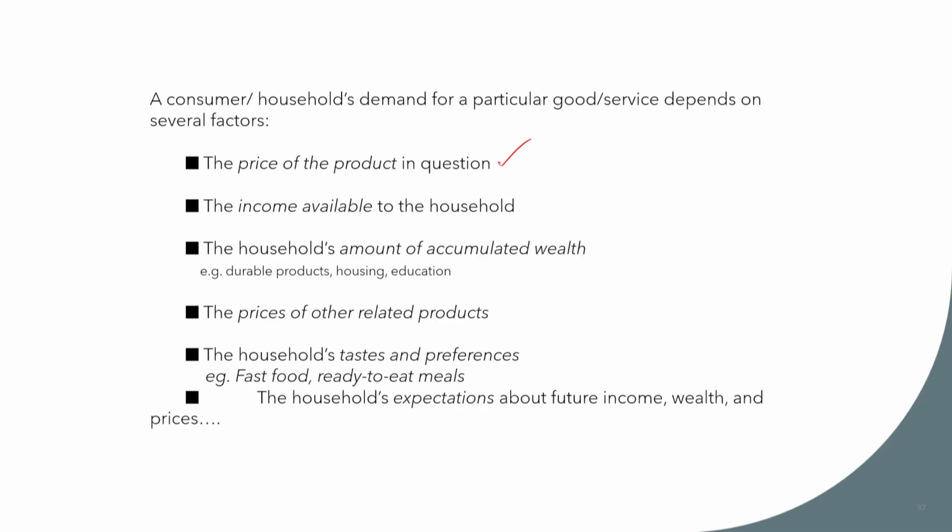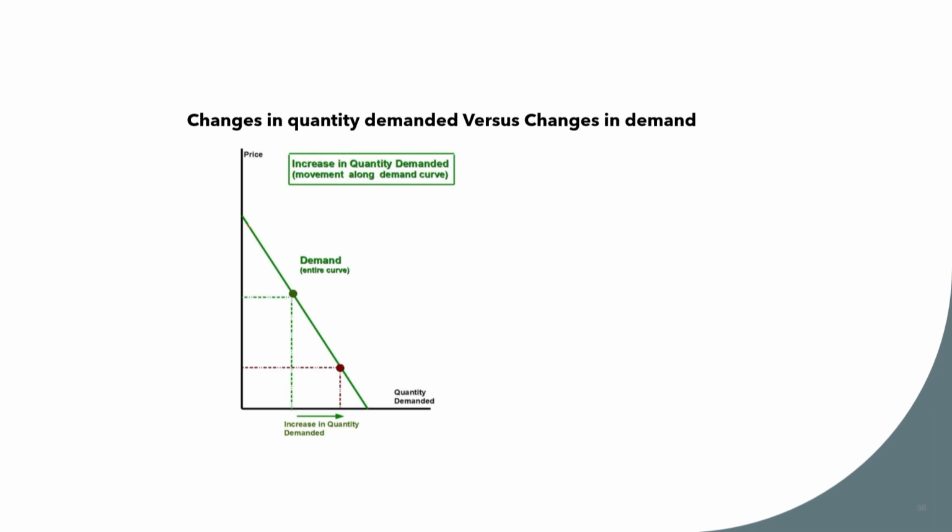All these are going to make changes in the quantity demanded, even when the price of the product in question remains constant. We have already discussed the inverse relationship between price and quantity demanded: an increase in quantity demanded when price declines.